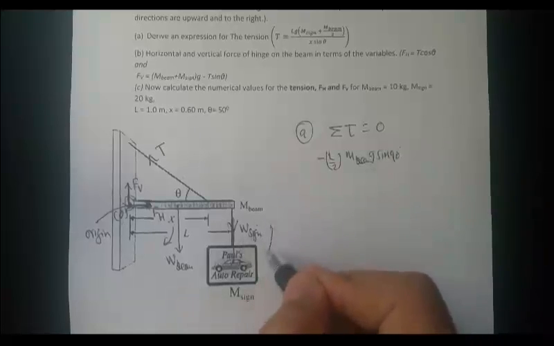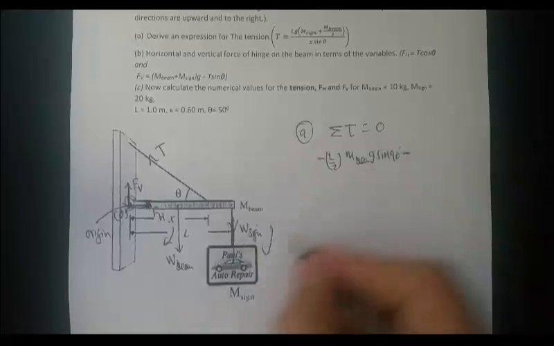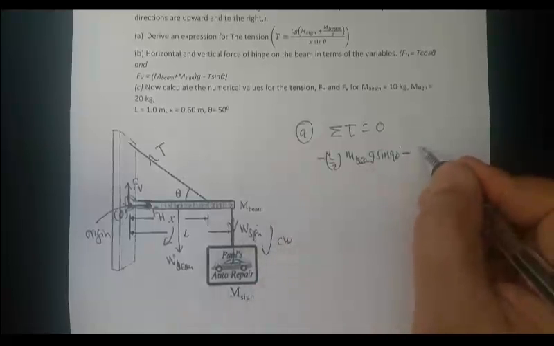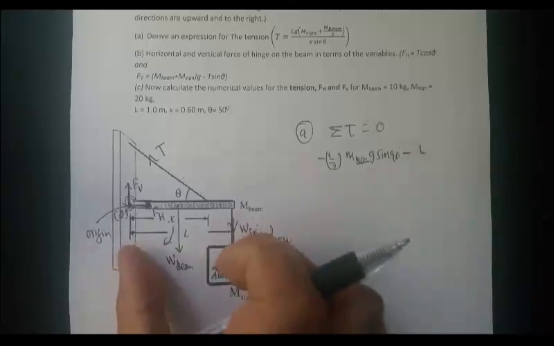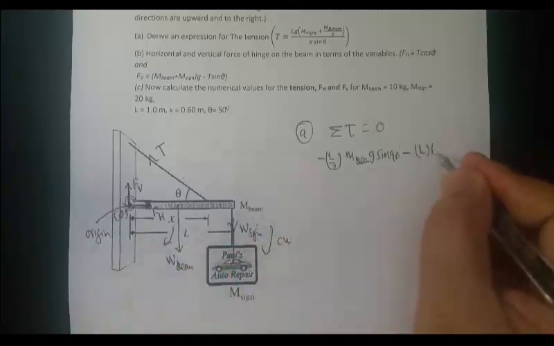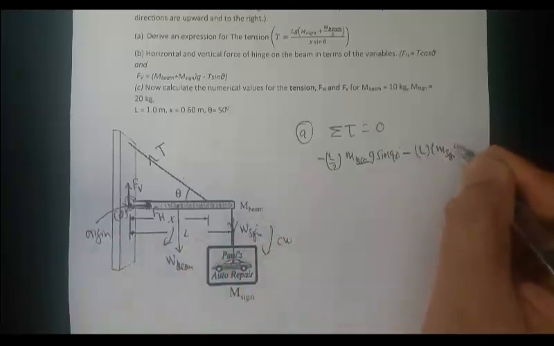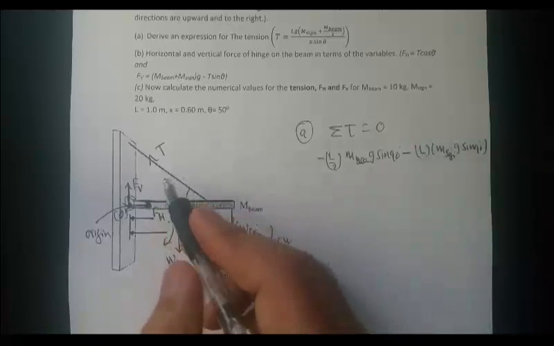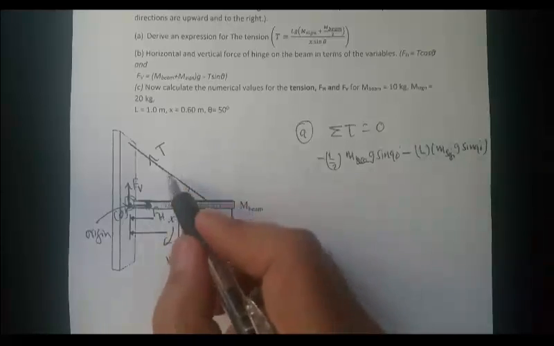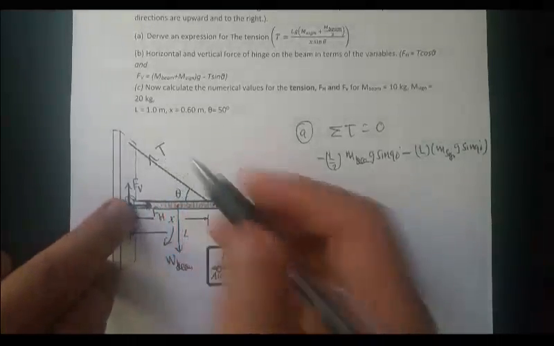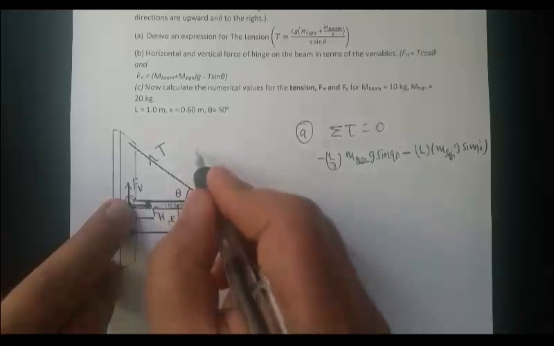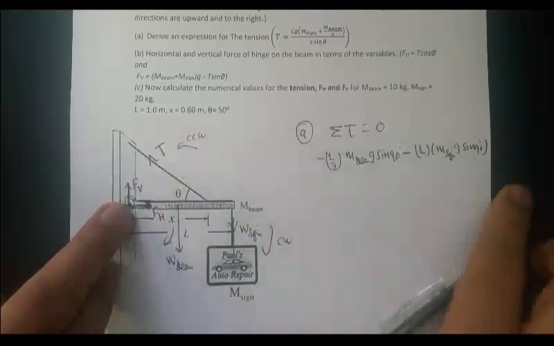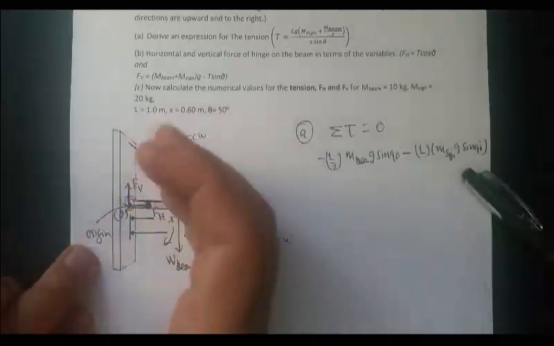Again, torque produced by the sign is also negative because it's clockwise. It's at full distance L, and weight of the sign is mass of the sign, gravity, sine of 90 degree. And finally, the torque produced by the cable, tension in the cable, is counterclockwise.